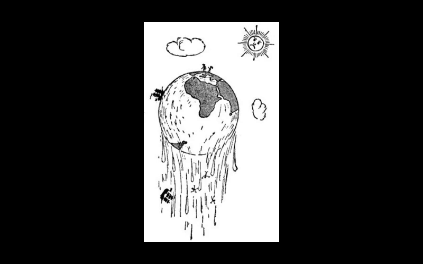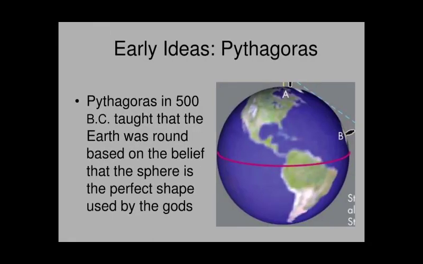Actually, the ancient people did not have any clear-cut idea. Different people thought of it in different shapes. Now, probably Pythagoras is the first one to state that the shape of the earth could be round or spherical. So back in 500 BC itself, he thought that Earth would be spherical in shape.